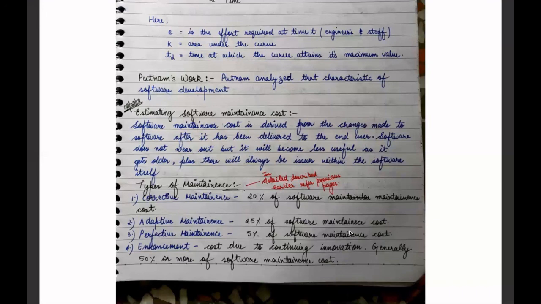Enhancement cost, due to continuing involvement, is generally 50% or more of software maintenance cost. Reports suggest that the cost of maintenance is high.